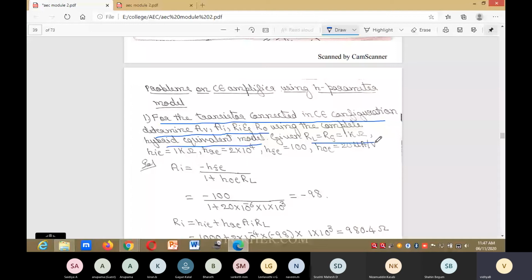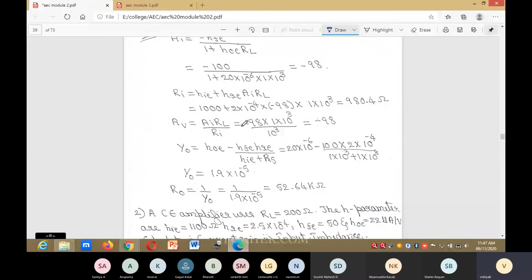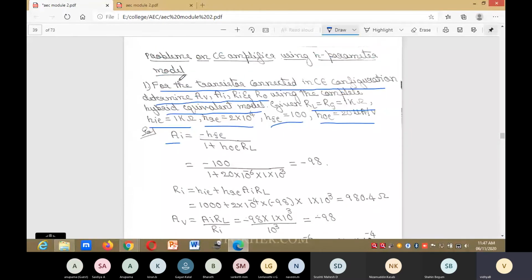RL is equal to RS is equal to 1 kilo ohm, HIE is equal to 1 kilo ohm, HRE is equal to 2 into 10 to the power minus 4, HFE is equal to 100 and HOE is equal to 20 microamps per volt. Before going to the problems on CE amplifier using H parameter model, we need to derive the equations. Okay, first we shall go for that.